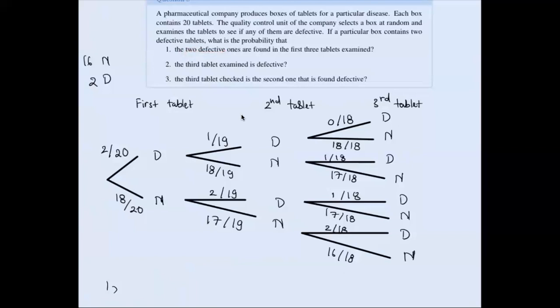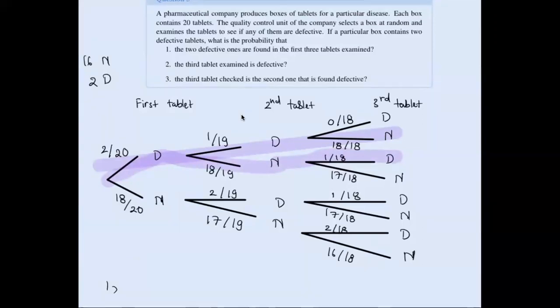So 2 defective found is the path here, because we would have defective, defective, and non-defective. So it's exactly 2 defective. Another path would be defective, non-defective, and defective, like this.